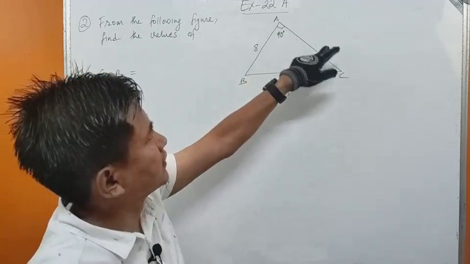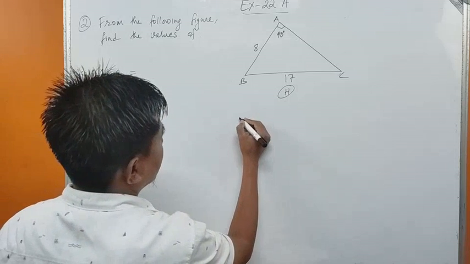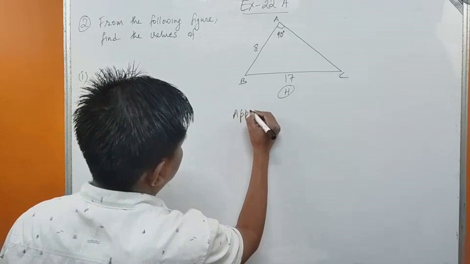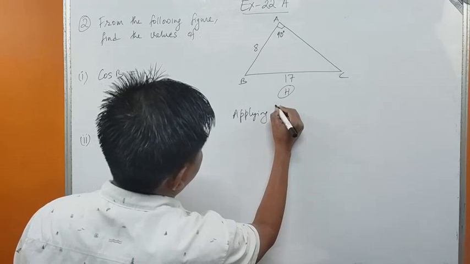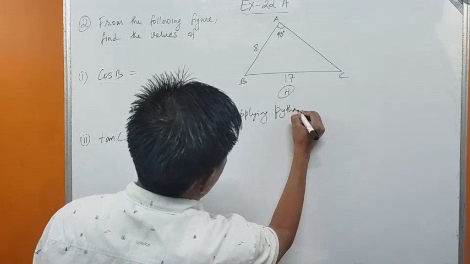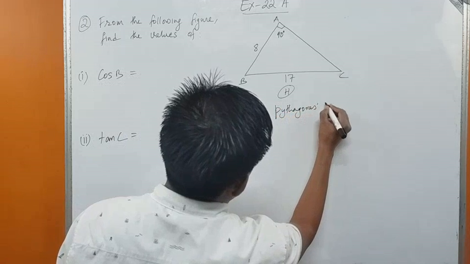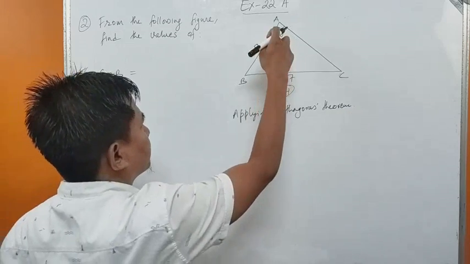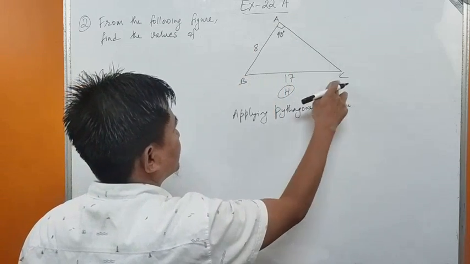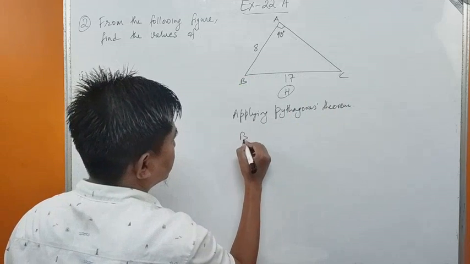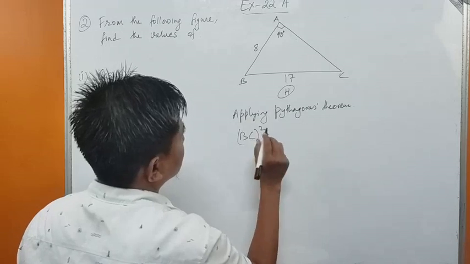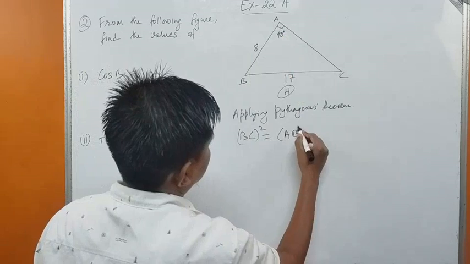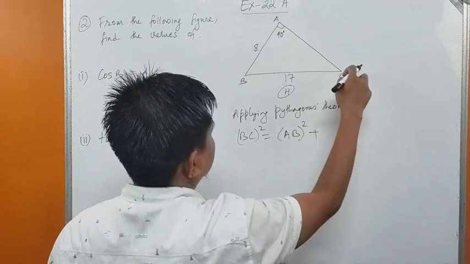Now let us find AC by applying Pythagoras theorem. So applying Pythagoras theorem, we have BC, that is hypotenuse. BC square equals perpendicular square AB square plus base AC square.